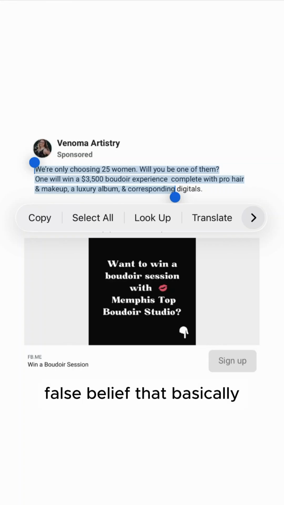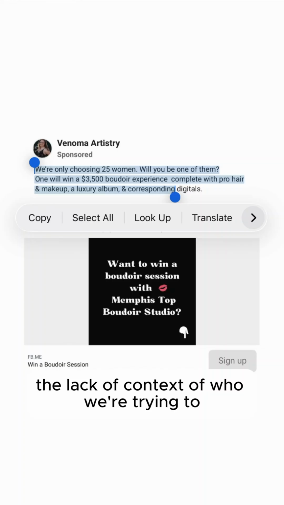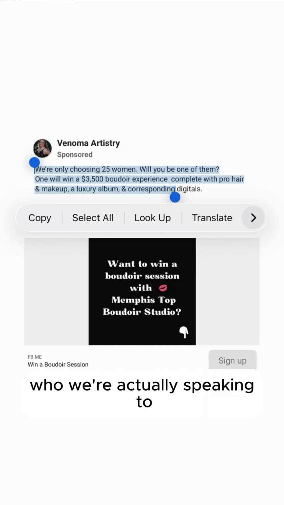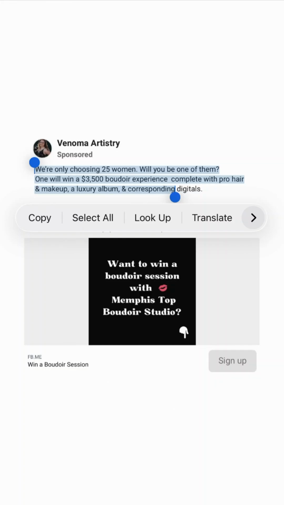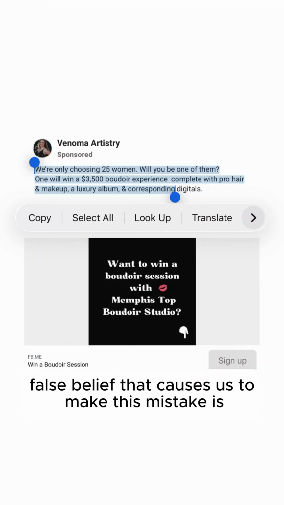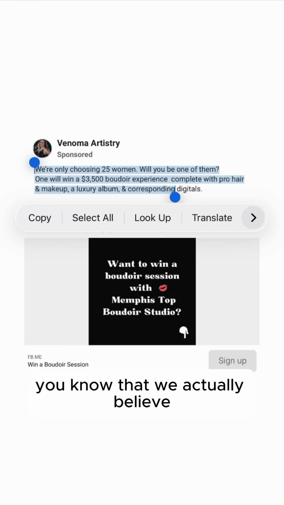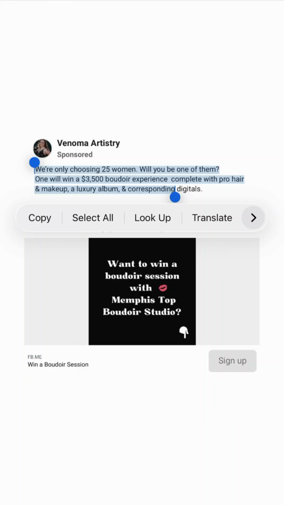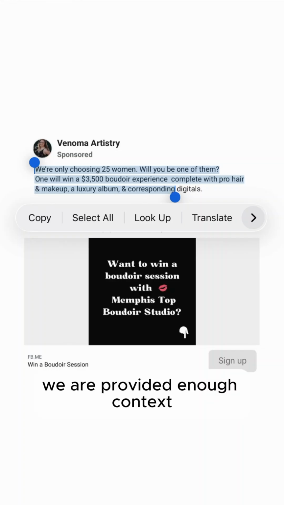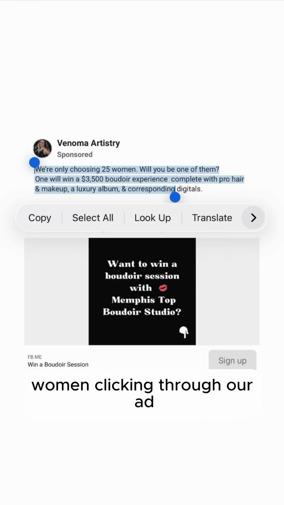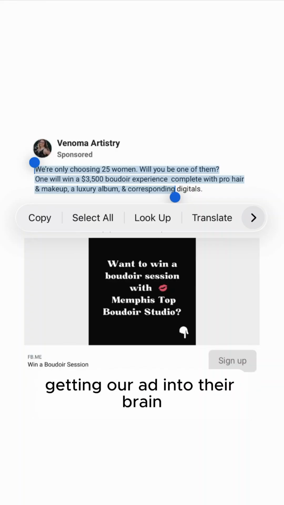The false belief that causes us to make this mistake is that we actually believe we are providing enough context to maximize the amount of correct women clicking through our ad, clicking somewhere on our ad, getting our ad into their brain.